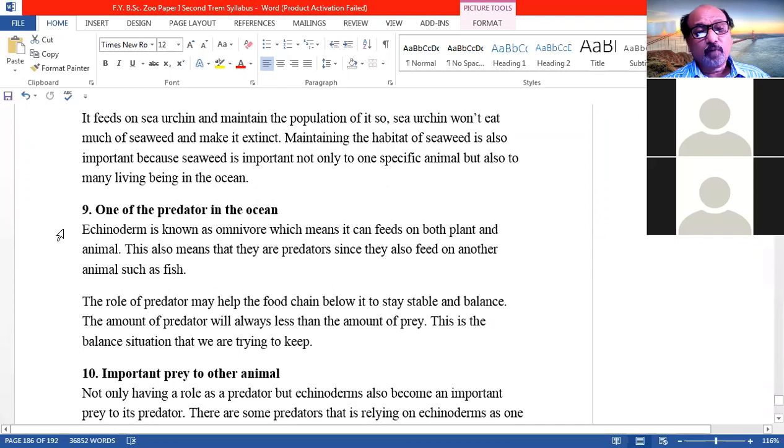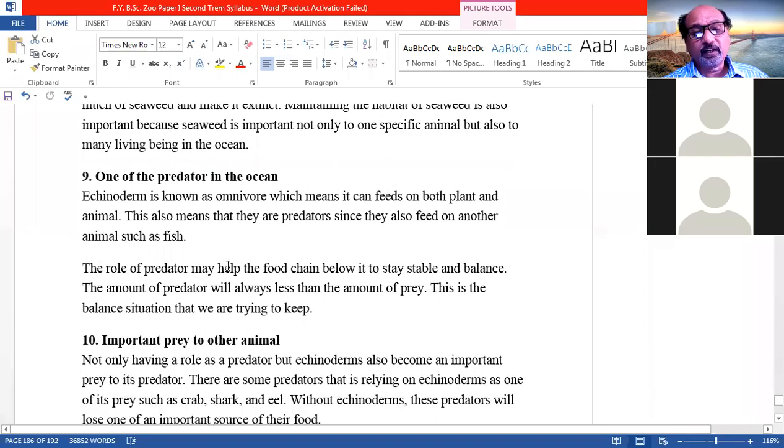So, as one of the predators in the ocean, echinoderms are known as omnivores, which means they can feed on both plants and animals. This also means that they are predators since they also feed on other animals such as fish. The role of the predator may help the food chain below it stay stable and balanced.